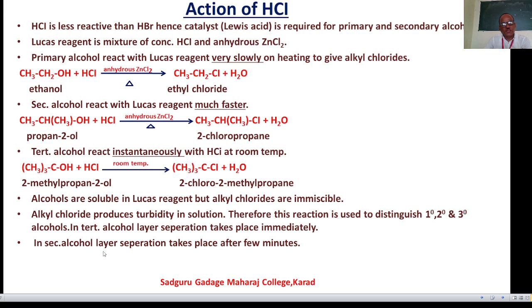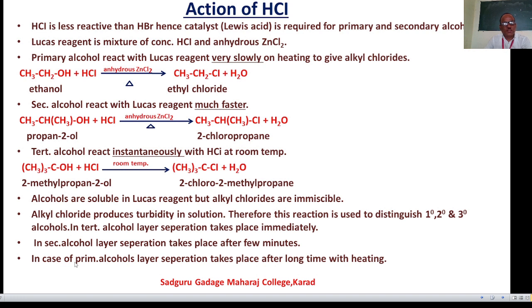In secondary alcohol, layer separation takes place after a few minutes. And in primary alcohols, layer separation takes place after a long time with heating. So this is the distinguishing test between primary, secondary and tertiary alcohols using Lucas reagent. This is a very important reaction.